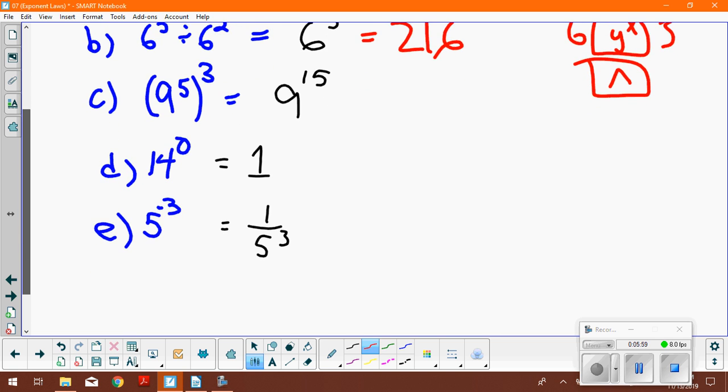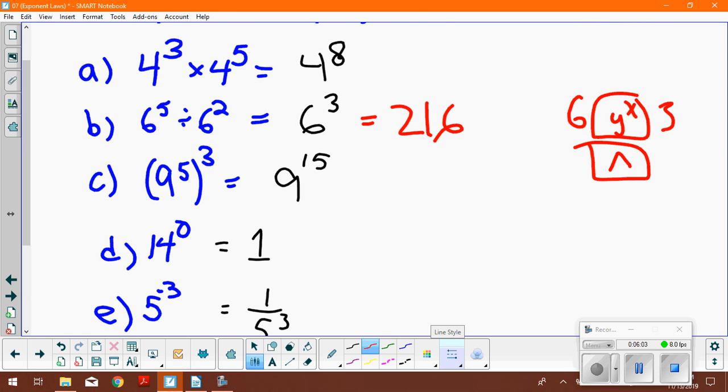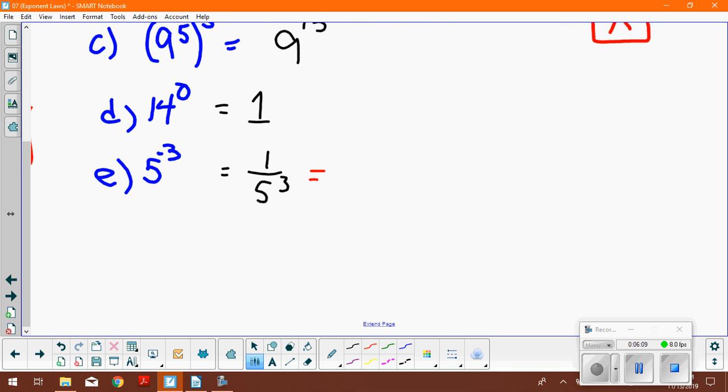For the bottom one with the fraction, 1 over 5 to the 3, we leave the 1 alone, and then I just do what's 5 to the power 3, and it's 125. So if you're asked to evaluate, that means you would actually then do the exponent. But you always tidy it up with the laws first, and then evaluate after.